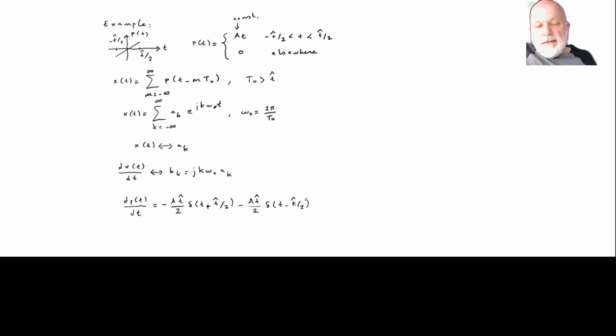Now, in between, the derivative of the function is equal to A, so that will be a rectangular pulse with magnitude A. Let me just draw the graph here.